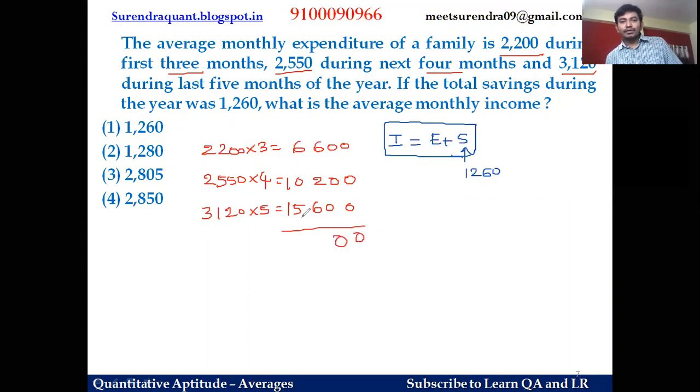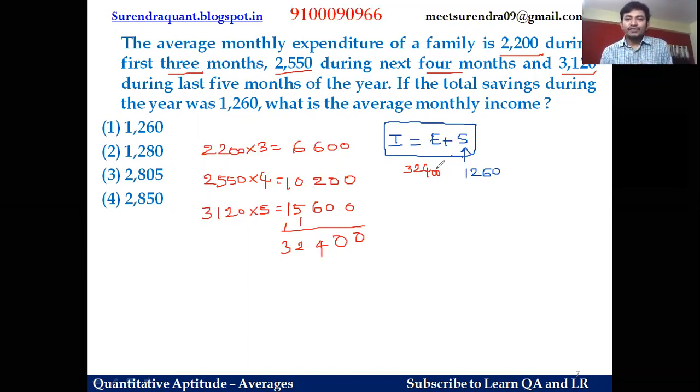6,600 plus 10,200 plus 15,600 is 32,400. This is the total expenditure of the year. But income is equal to expenditure plus savings, right?